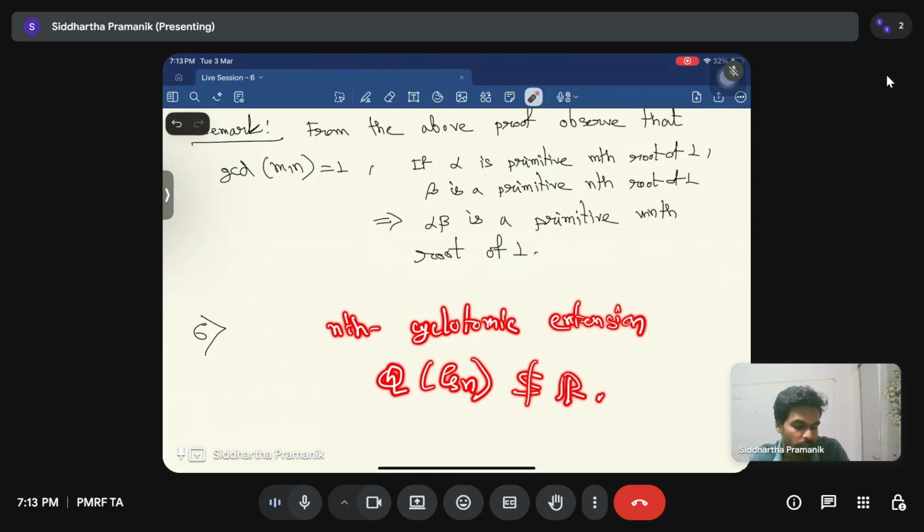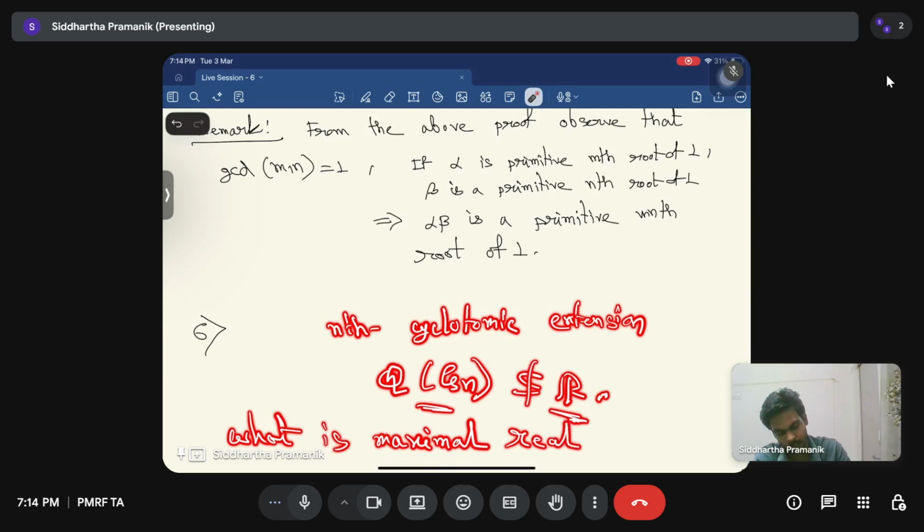But what is the largest subfield of this which is contained in R? So what is the maximal real subfield? Can we find that one? So in the next problem we are going to do that.